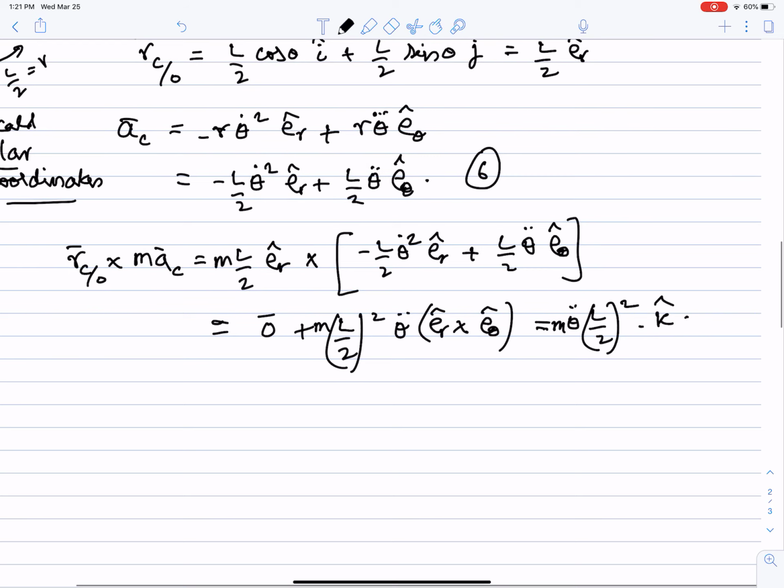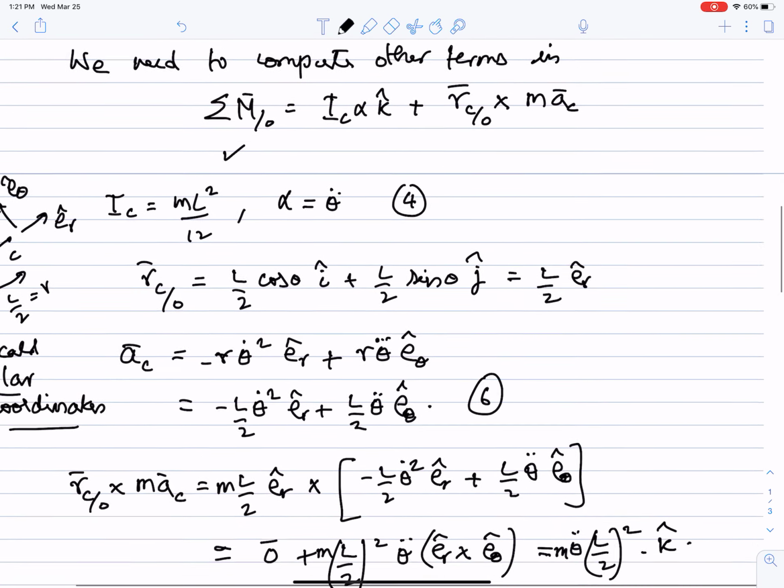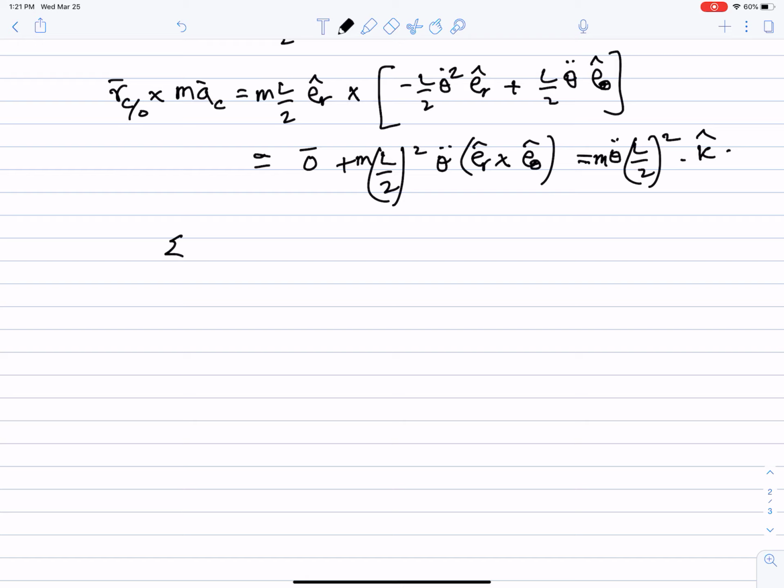Okay, so I think now we are ready to plug everything in. Let me rewrite the equation. Sum of moments about O equals I_C alpha k plus R_C with respect to O cross m a_C.